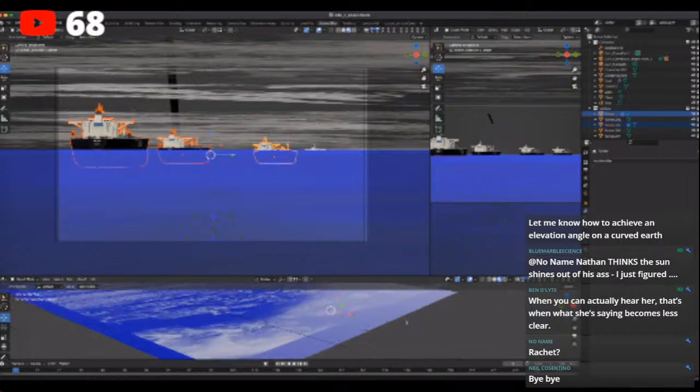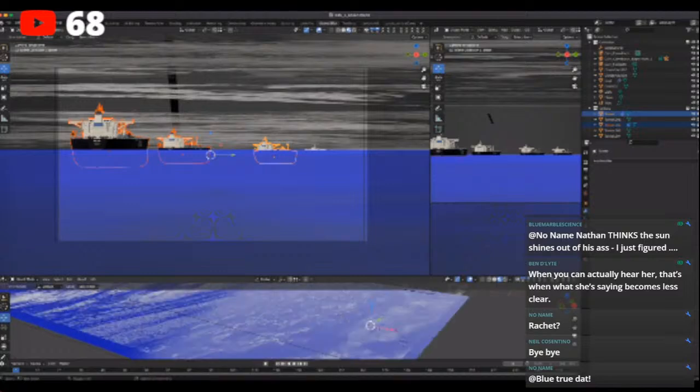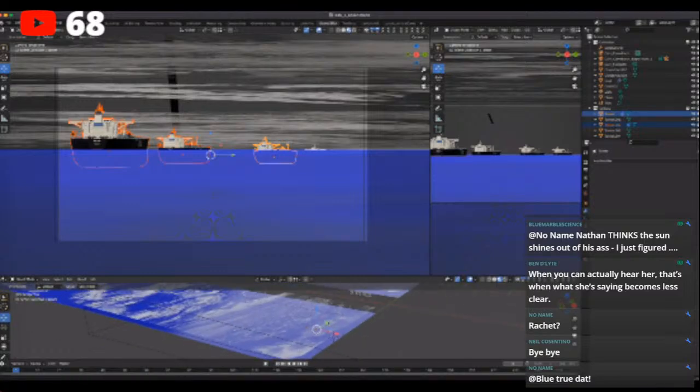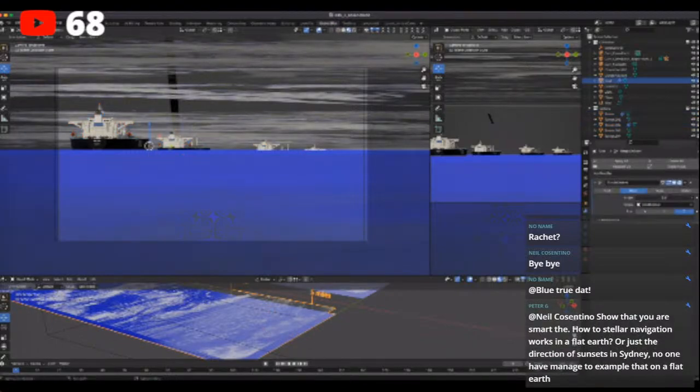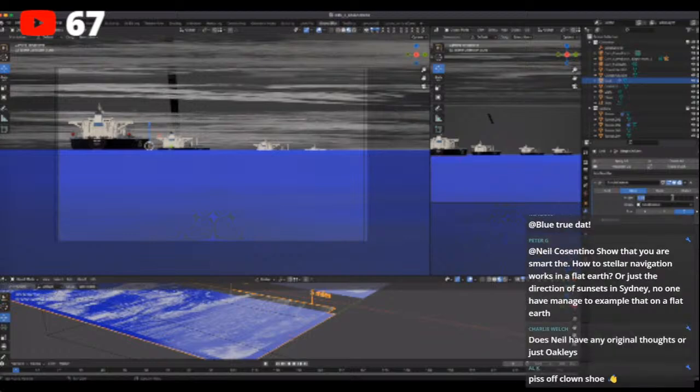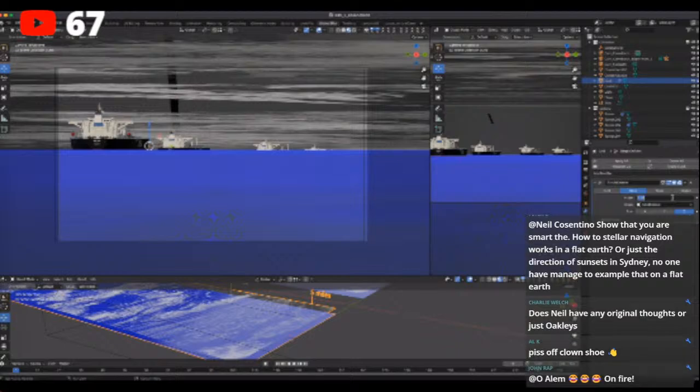But yeah, so Rachie, even though both of these look flat at only 8 miles, we see the effect of curvature. Now, what I decided to do at this side is to simulate refraction and the effect that it would give in the bending of light.